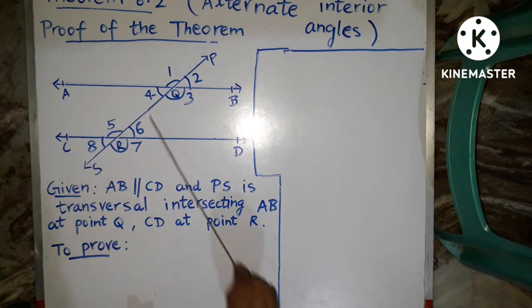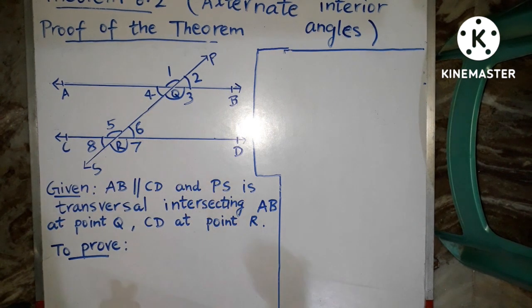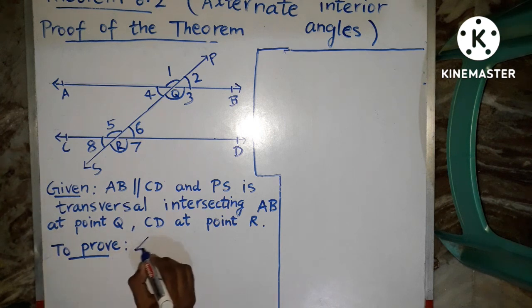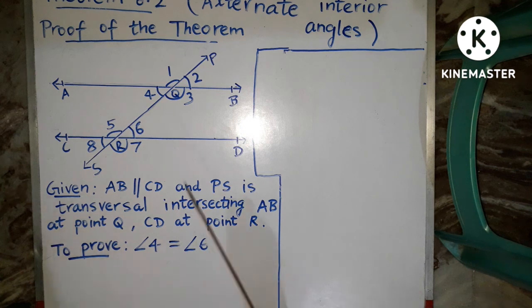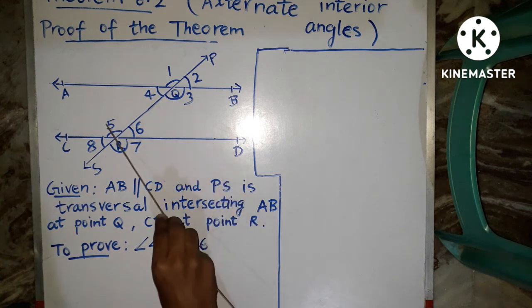So first we have to prove angle 4 is equal to angle 6. This is the first pair of alternate interior angles. And the next pair of alternate interior angles is angle 3 and angle 5.